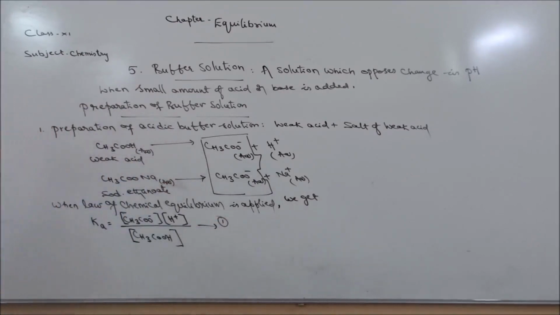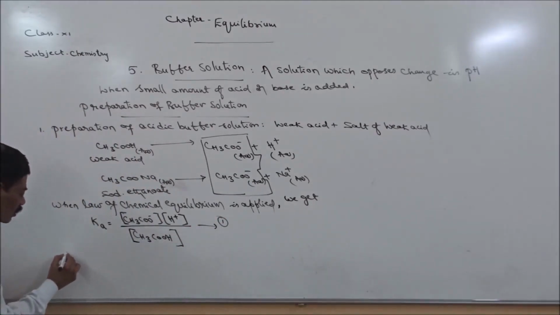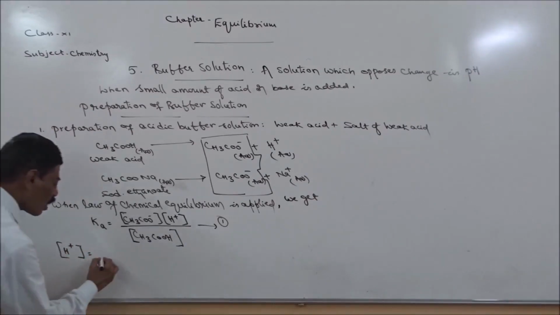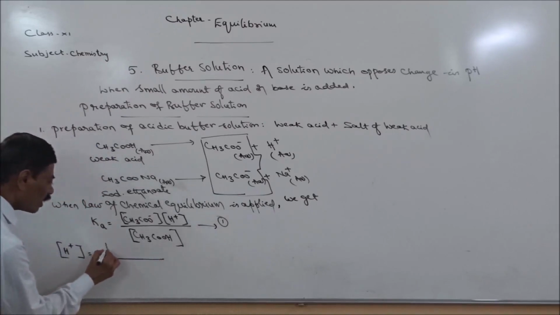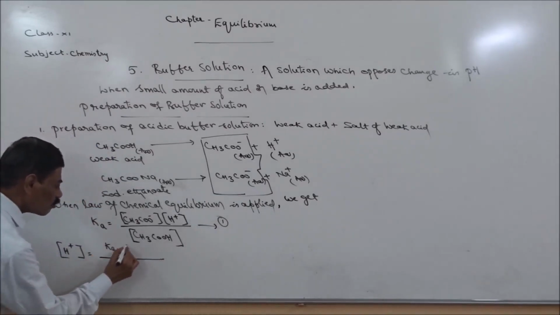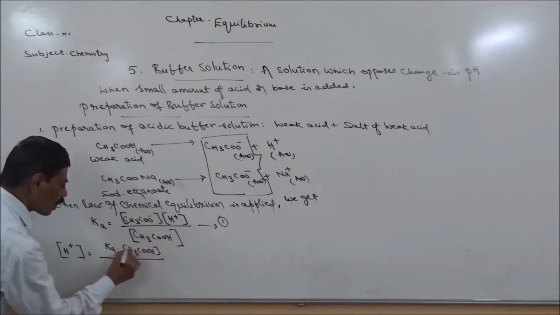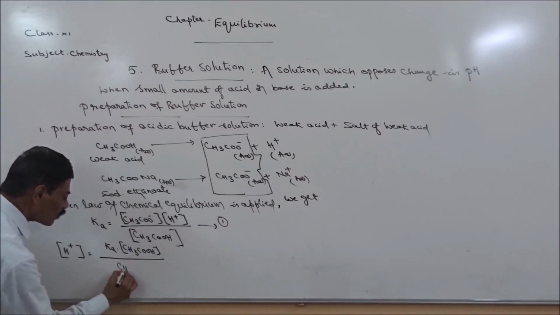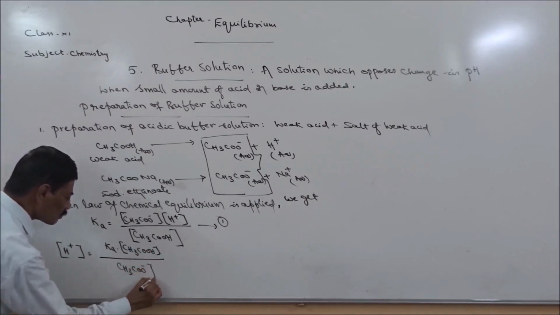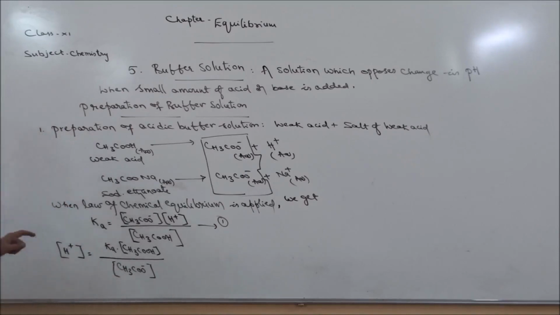Now what I am going to do is rearrange this equation by taking the molar concentration of proton towards the left hand side. This is equal to Ka into the molar concentration of ethanoic acid divided by the molar concentration of ethanoate. Right? This is equation number 1 only, just in a different form by rearranging.